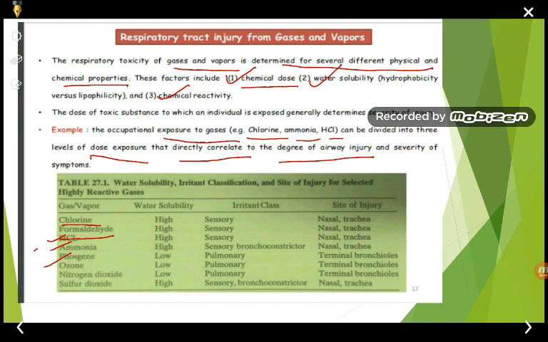If you have heard of it, phosgene is one of the poisonous gases normally released from the industry or the pesticide industry, where hazardous chemicals are utilized in order to kill insects.